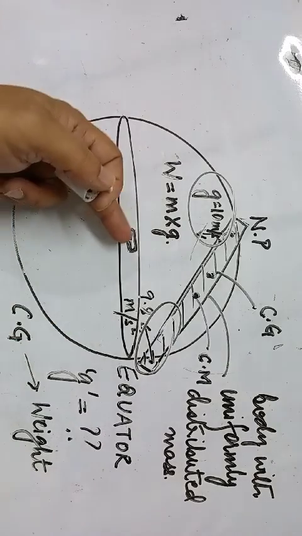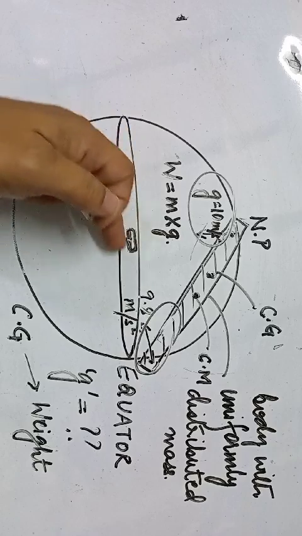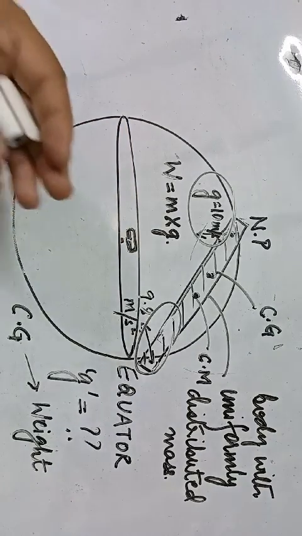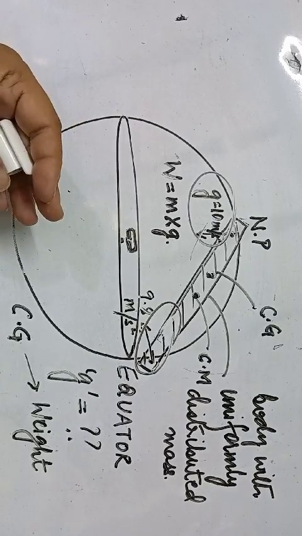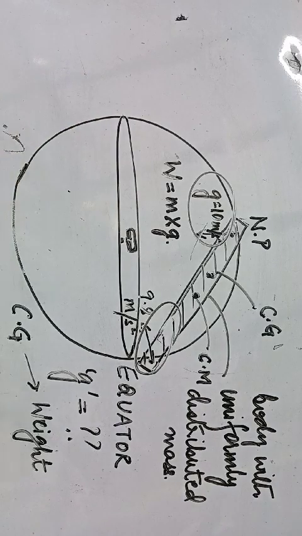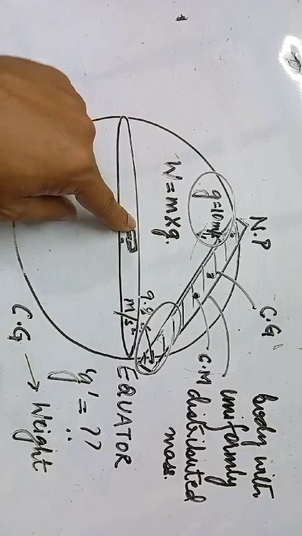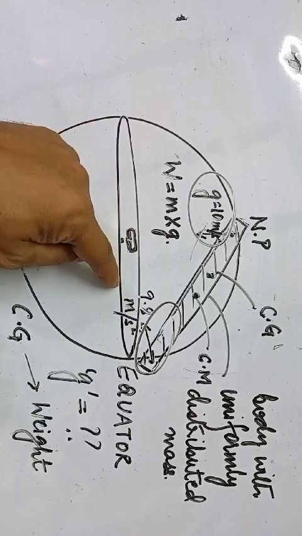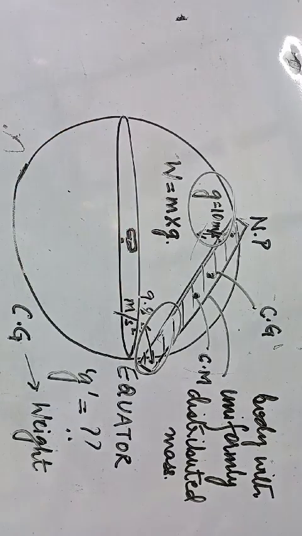Why? Because the place where you are keeping the small scale is a place where the acceleration due to gravity remains the same, it doesn't change. You can't say that once you are standing over here, the acceleration due to gravity is different, and you take 10 steps to the right and the gravitational pull becomes different.